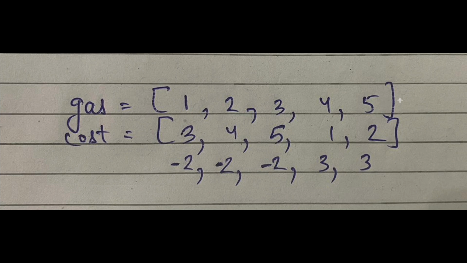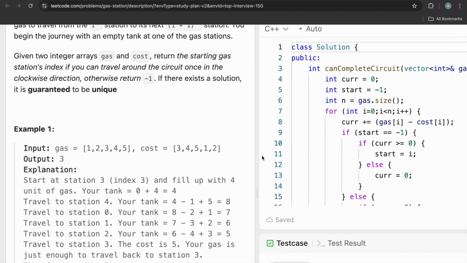When we have iterated the complete loop, whatever liters of gas we have, in this case 3 plus 3, 6 liters, we then go from the 0th index up to the index from which we started and calculate the gas used. If the total sum comes out greater than or equal to 0, then it is possible, otherwise we output -1. So this is the explanation.